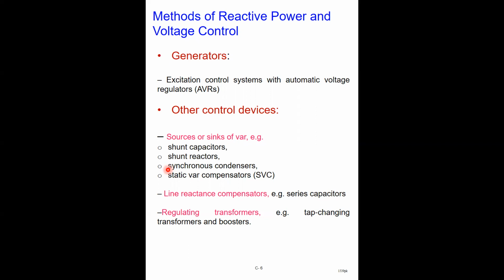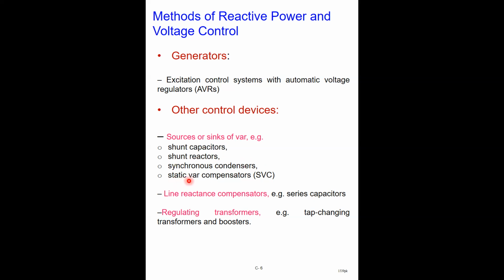Thus the size of the synchronous motor used as synchronous condenser will be larger than the conventional synchronous motor. So it is an overexcited synchronous motor which can supply leading current to the system and thereby improve the voltage profile.